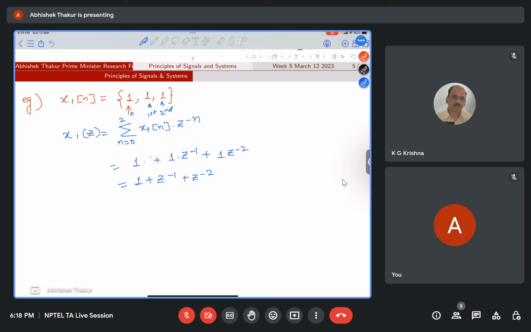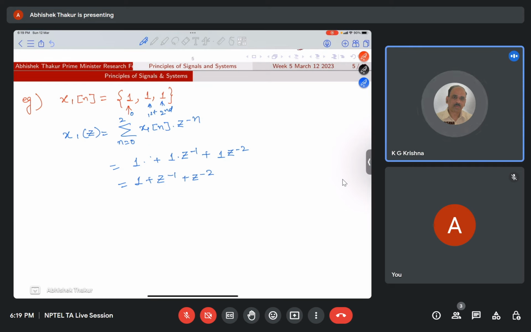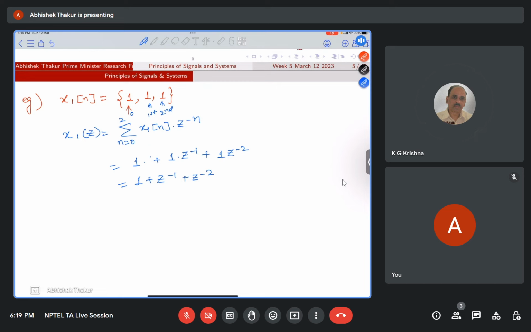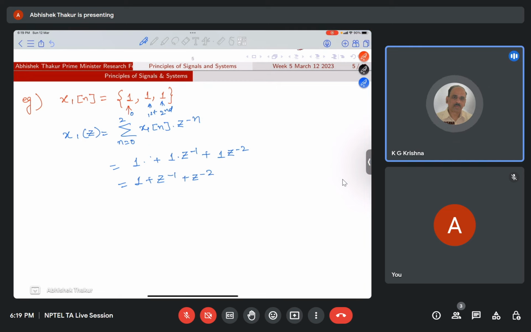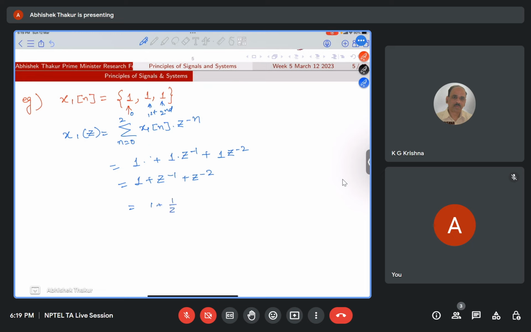So we can take one more example. It depends on the other poles and roots also. Like we can write 1 plus 1 by z plus 1 by z squared.